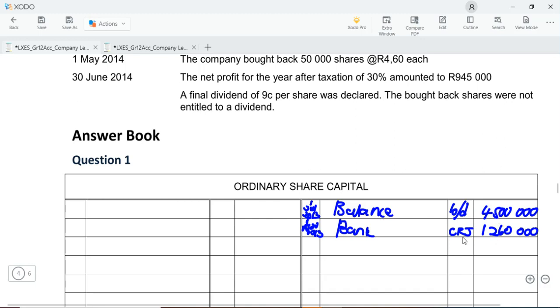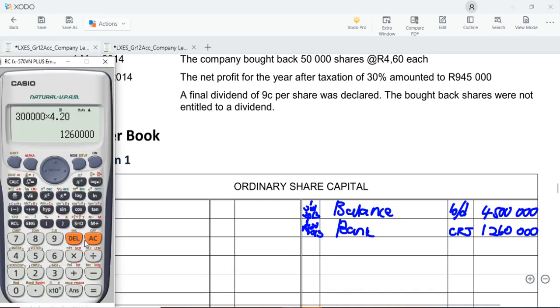So let's check here. This is the monetary value that they've raised. So we want to see how much was the average price of these shares that they issued to gain this money. So we'll then take 4,500,000 and then we'll add it with 1,260,000.